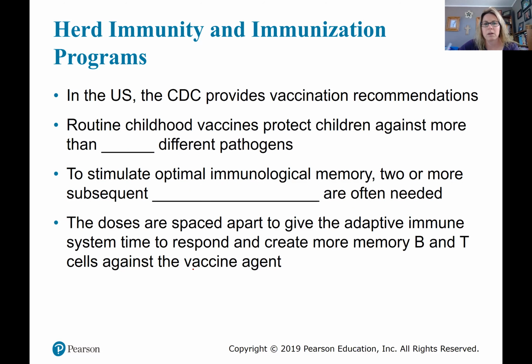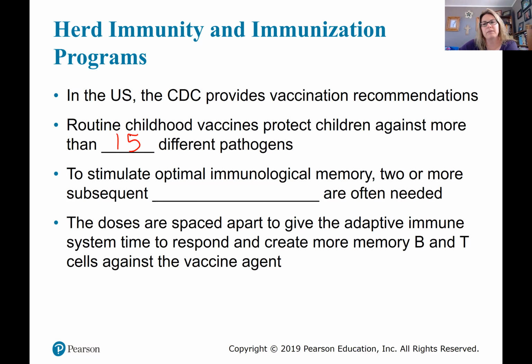immunity. Okay, so in the US, the CDC is what develops the recommendations of what to vaccinate for and when those vaccines should be given. And right now, CDC recommends vaccination for 15 different pathogens on a routine basis.